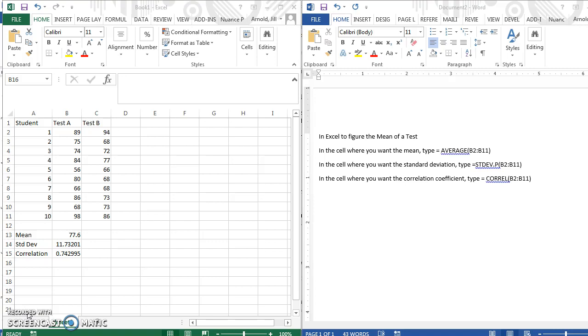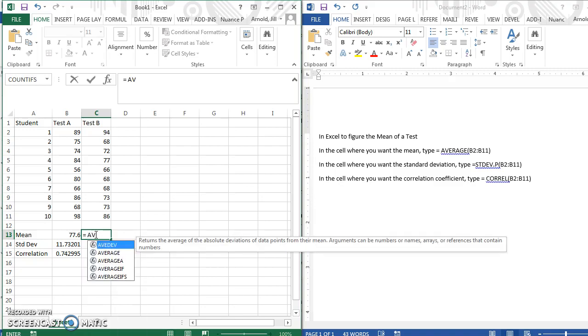So if I want to find the mean or the average of my test, I would just go to the cell where I would like that, and that cell for me is here in C13. Now I've selected the cell. To find out what I want for my answer, I would put in an equal sign and then type the word average.